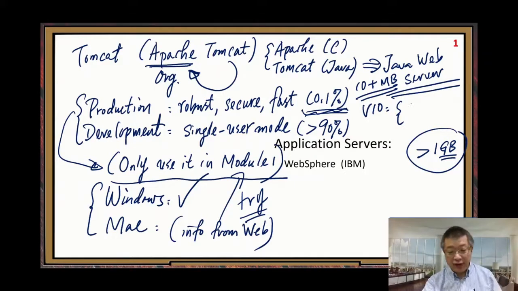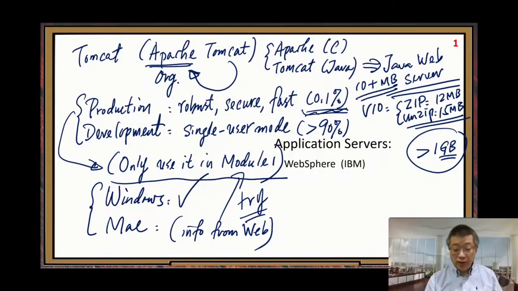The zip, compressed, is 12 megabytes, and uncompressed is 15 megabytes. So you can see it is so small, but application servers are that big. You can see how much difference is reflected as features.